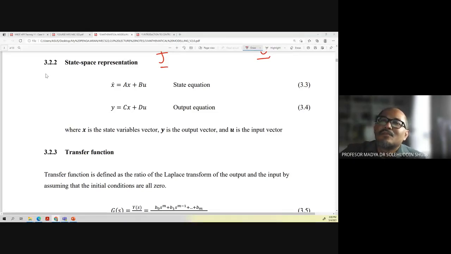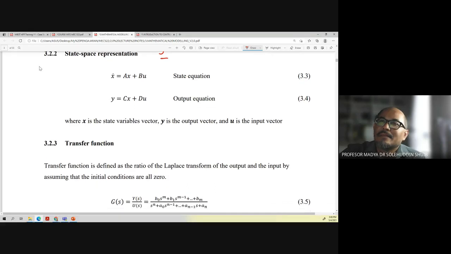We proceed to 3.2.2, which is state space representation. You can see here we have what we call the state equation.